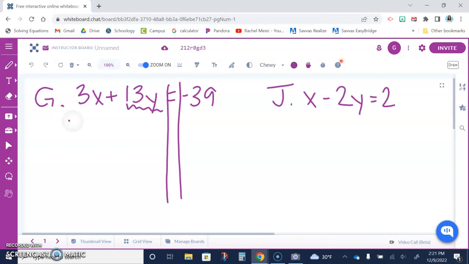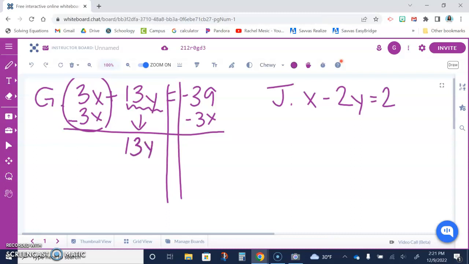So we're going to minus 3x. We have to do the same thing on both sides. So 3x minus 3x is 0 or nothing. We still have this positive 13y. And then over here on the right, we're going to write those numbers side by side.